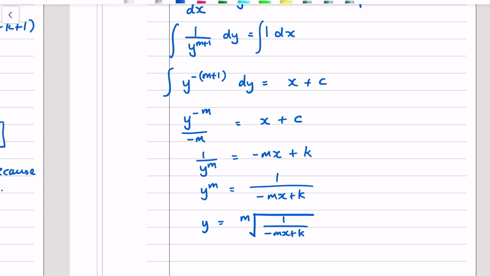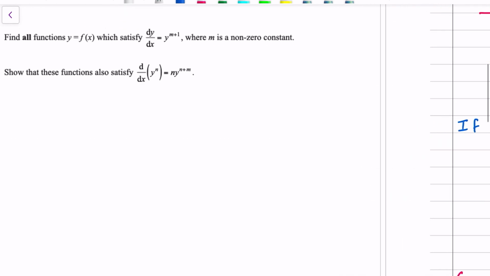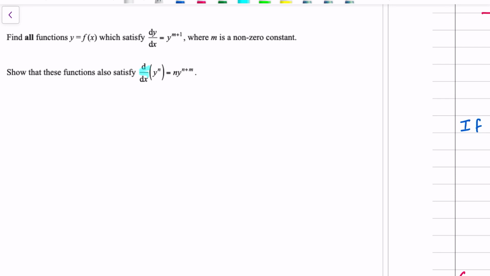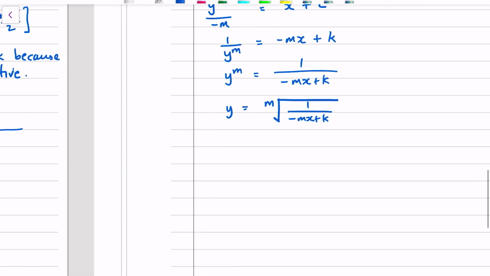Now, what I want to do is show that it solves the other differential equation. Okay, so this says here, differentiating with respect to x, y to the power of n equals n y to the n plus m. And what they want you to do is fall for a trap here and go, hey, we need to now power this by n.